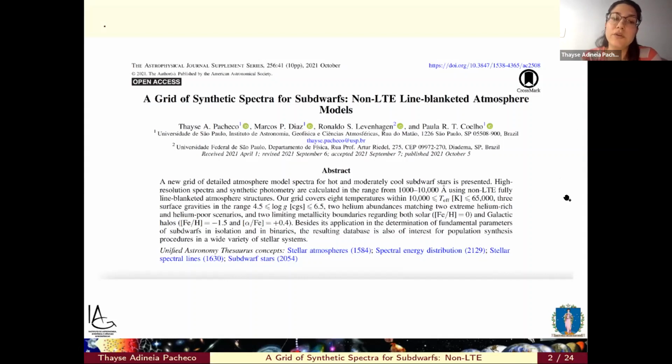This is a new grid of detailed atmosphere model spectra for hot and moderately cool subdwarfs. This topic has application in determination of fundamental parameters of subdwarfs in isolation and in binaries, but we also have interest for population synthesis analysis.